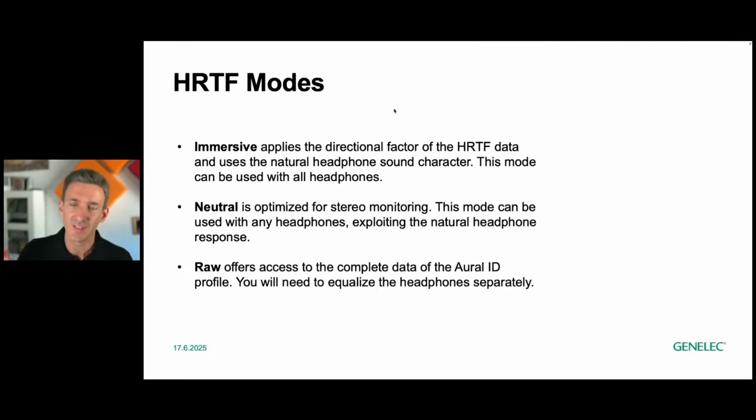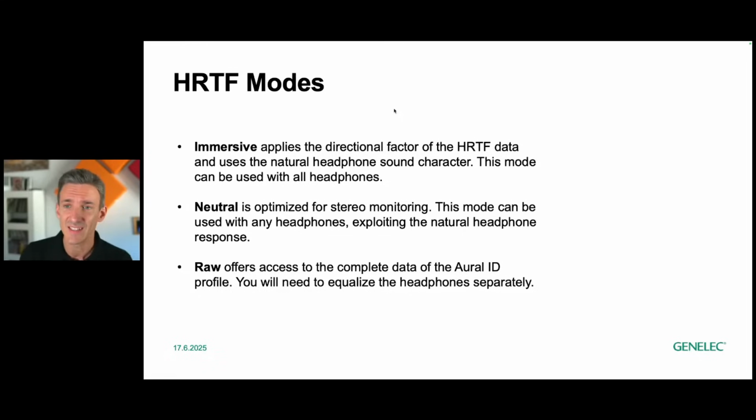The immersive mode focuses on the directional information so that we can localize everything properly, but it still keeps the natural sound character of the headphones without changing too much there. For me, this is a very good compromise, so you don't get too much coloration, and still the imaging, localization and externalization are at a very good level.